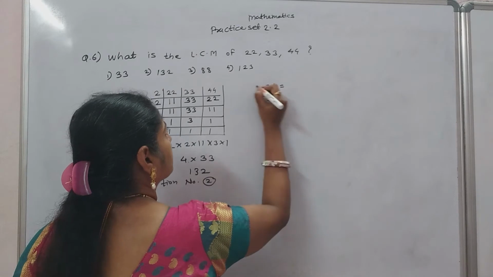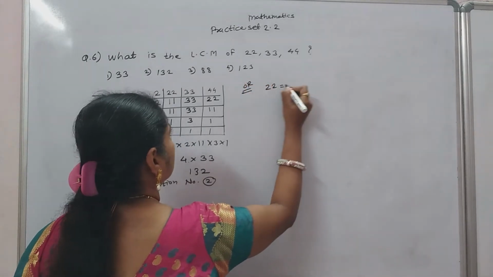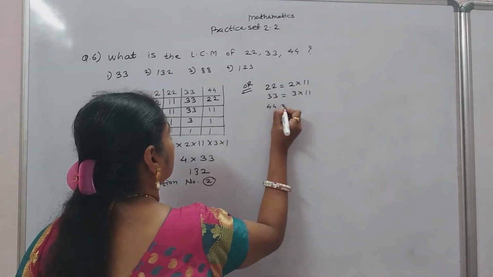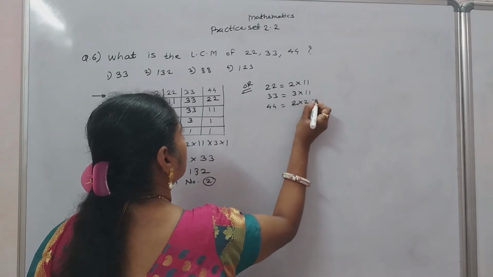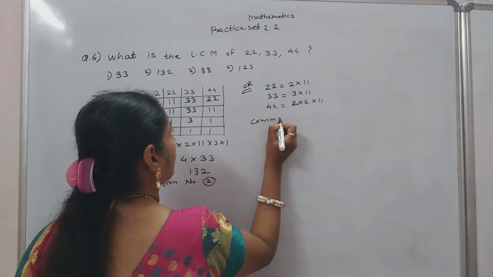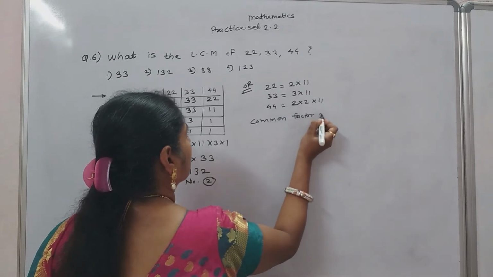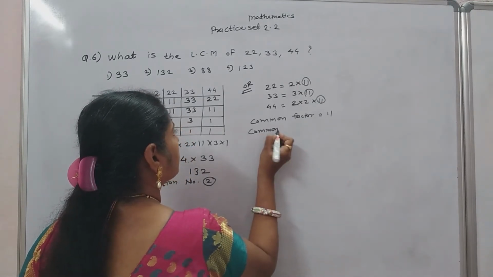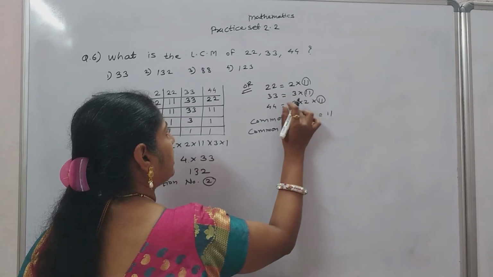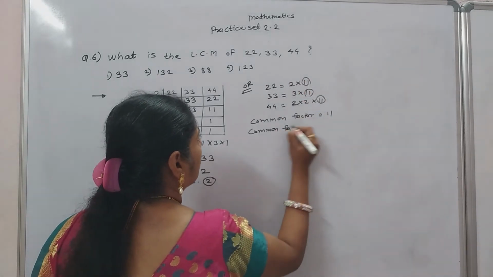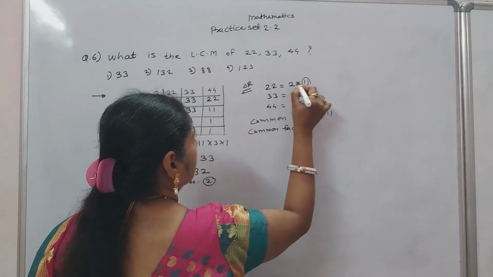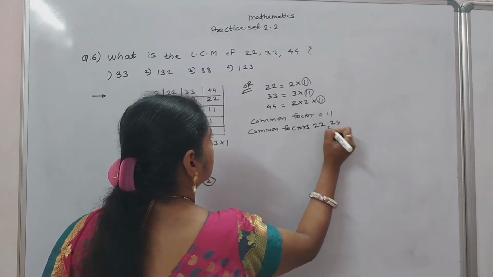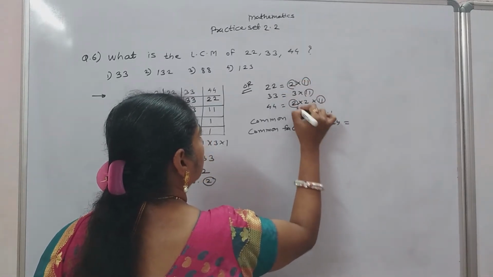You can also do this example by factorizing each number separately: 22 is 2 into 11, 33 is 3 into 11, 44 is 2 into 2 into 11. Now the common factor is 11, 11, 11. There is no number common to 33, but there is a common factor between 22 and 44, which is 2 and 2.